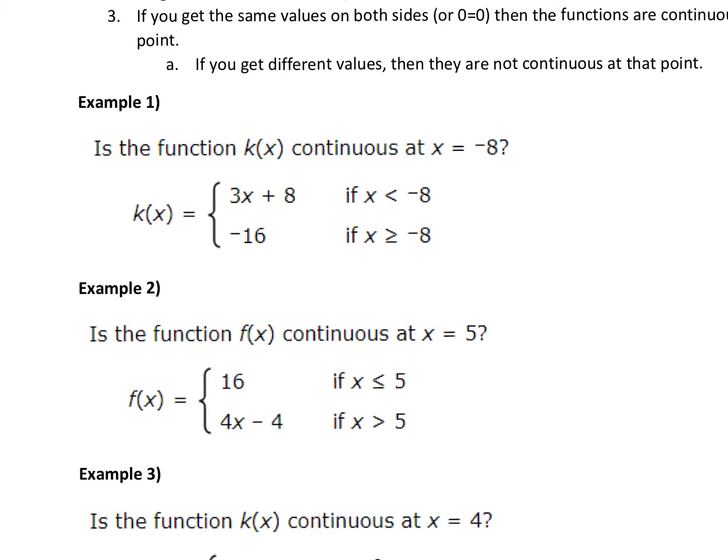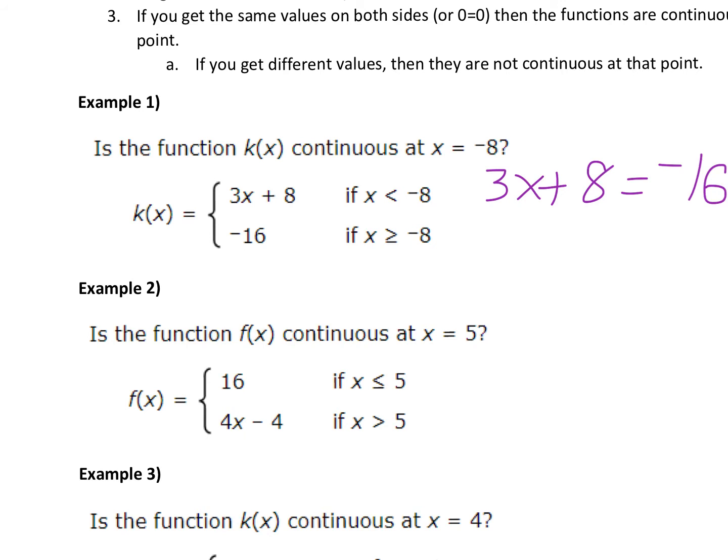And that's okay. Because when we go to set up our equations, we're still going to have on one side the top equation, 3x plus 8. And on the other side, we'll just have the bottom equation, in this case, -16.